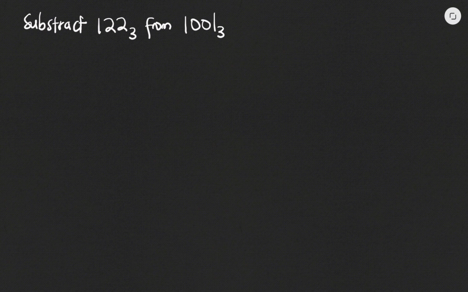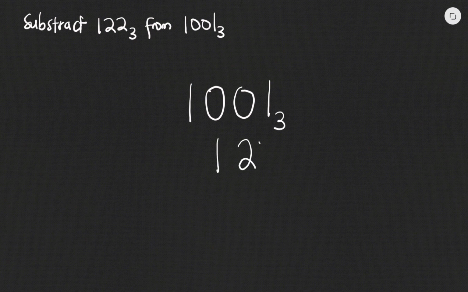Now if we look at the sentence we've been given, they say subtract 122 base 3 from 1001 base 3. From means that this is the bigger number and we are subtracting 122 from that. So I'll write the 1001 base 3 first, then I subtract the 122 base 3 from that.